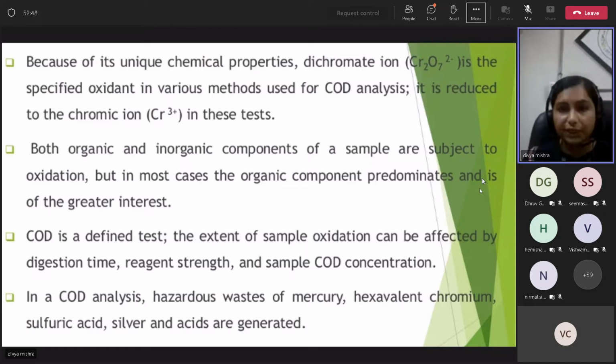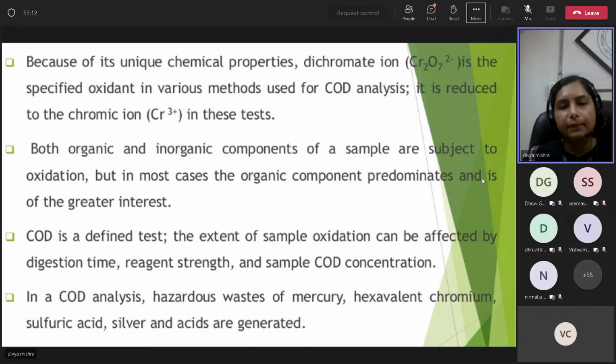It has unique chemical properties, and in this method your chromic ion will be generated. So dichromate will be reduced to give you chromic ion.